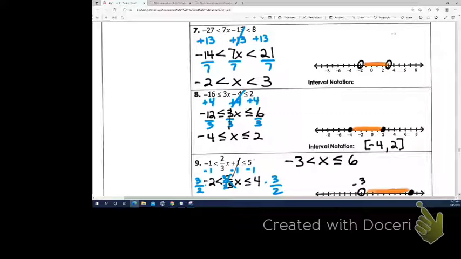So remember, your shading is going to go away from each other or it's going to be between. And you do not need to answer the part about the interval notation, but please do make your number line graphs and do give your answers, like your inequality answers. Don't just give me the graph and not give me the final solution set.